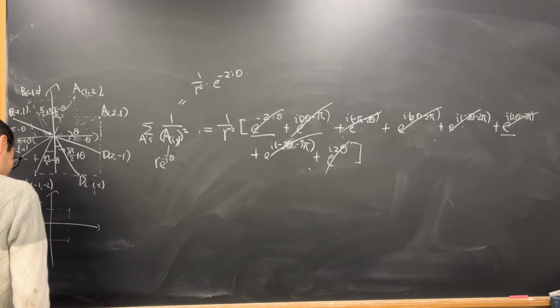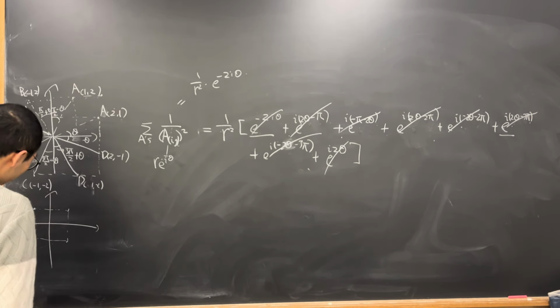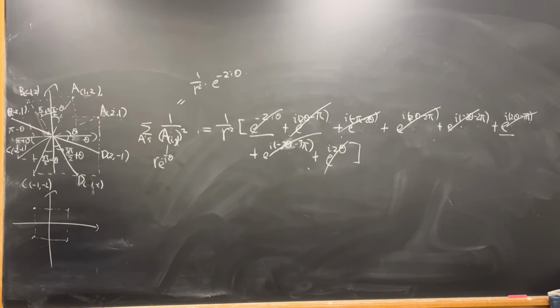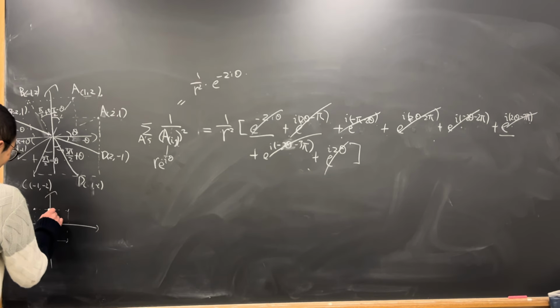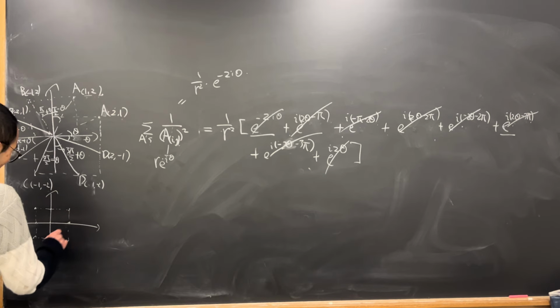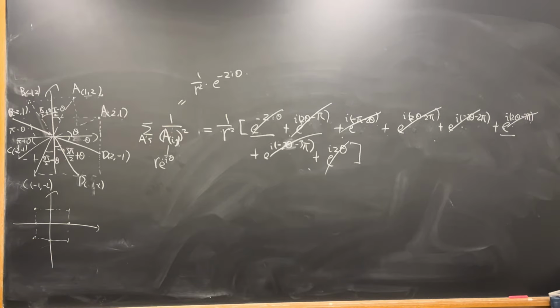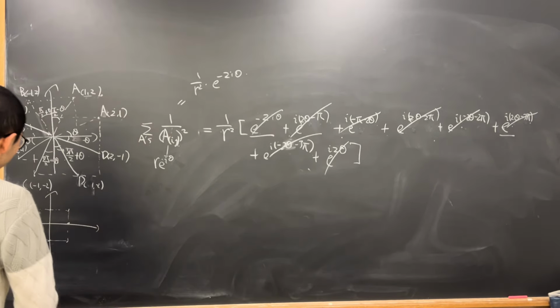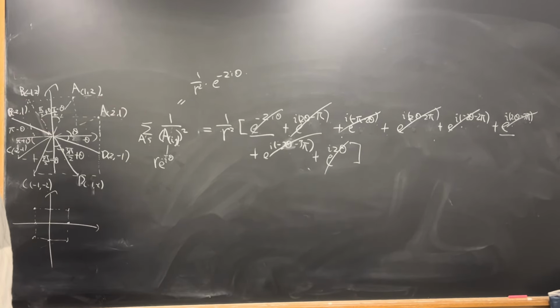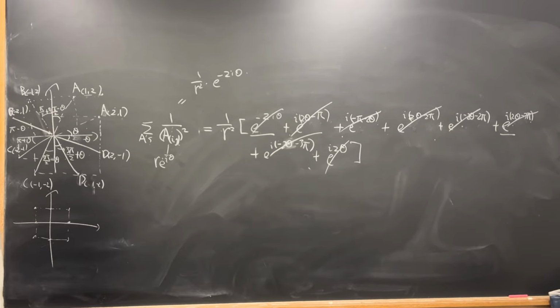And also I think the points that lie on this axis are not cancelled. The rest of the points, I think they are all cancelled out somehow.